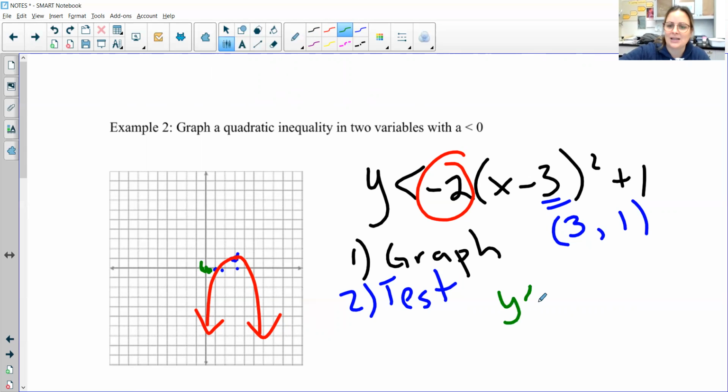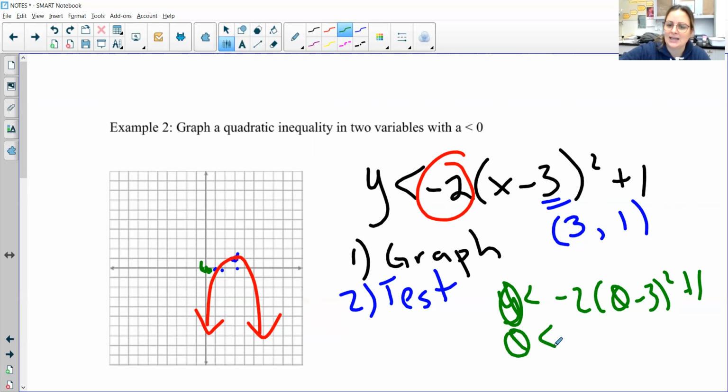So 0 for y is less than -2 times (0 minus 3) squared plus 1. So 0 is less than -2 times 9 plus 1. So -2 times 9 is -18, plus 1 is -17.